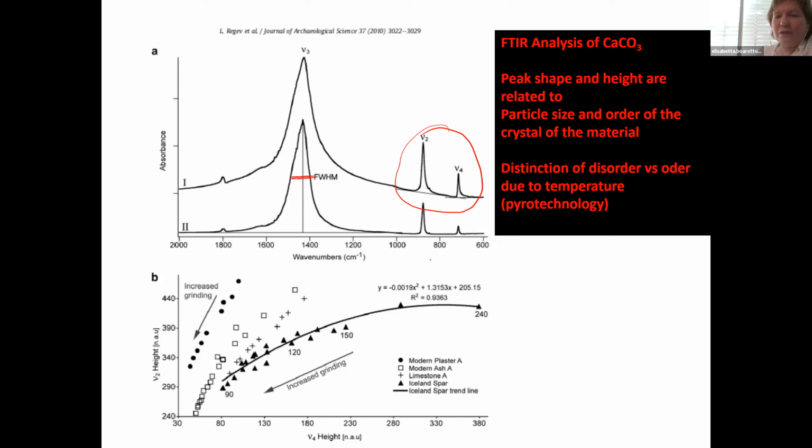So the grinding curve, when you use the height and the width of this peak, tells you if your material is in the crystalline order of the calcium carbonate closer to the geogenic material, or closer to the plaster material. Anything in between is a different type of crystalline order, which is an indication of diagenesis, but also of how the material was indeed made.